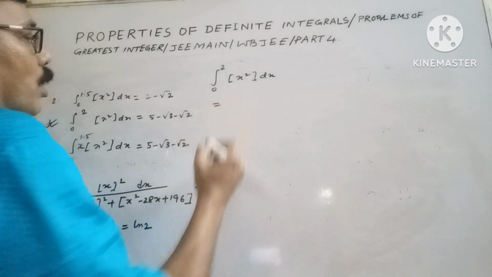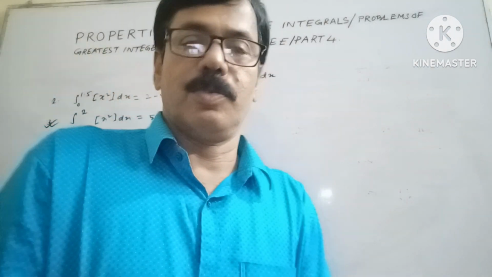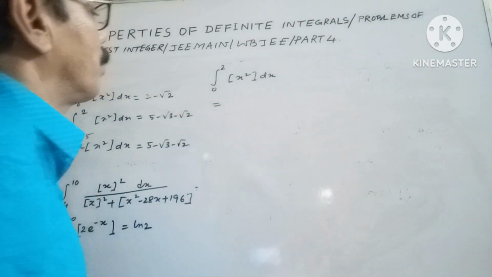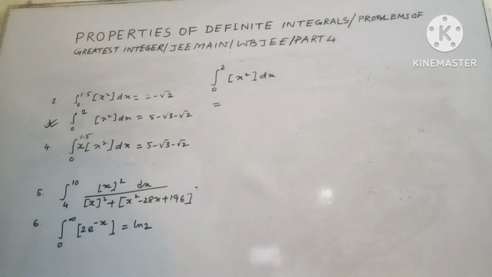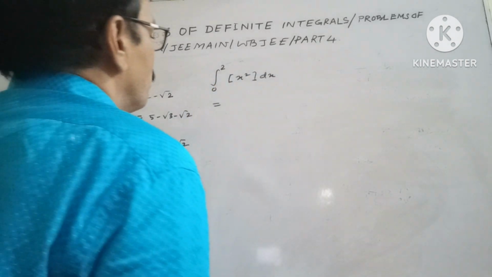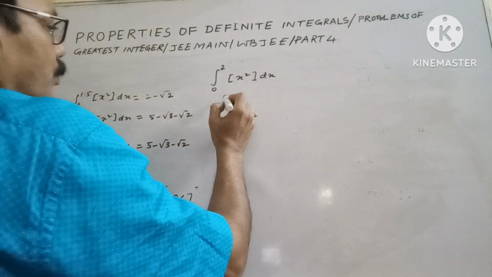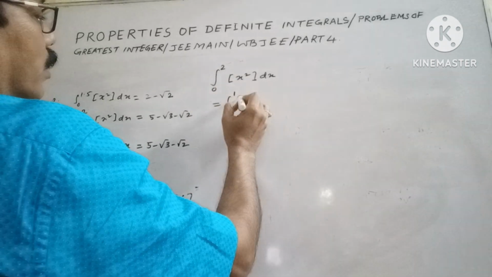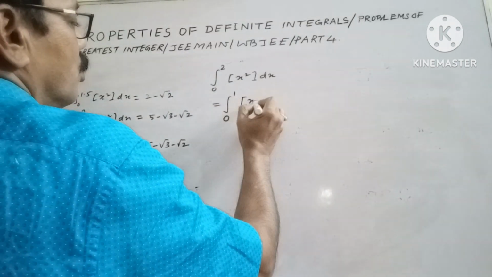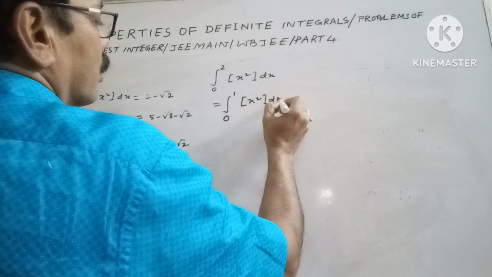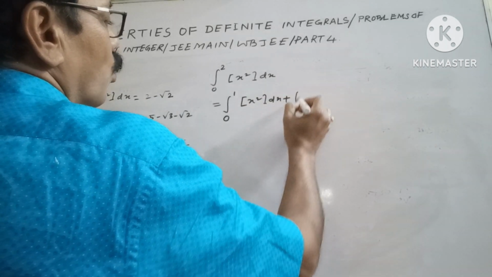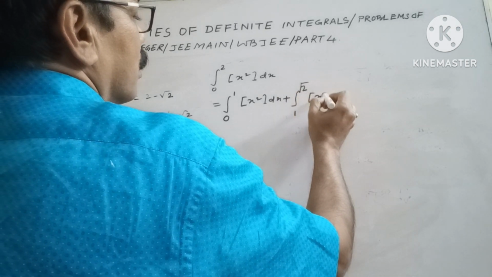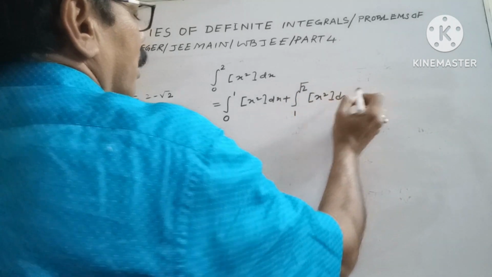So our main aim will be to expand it as a sum of several limits so that x square equals an integer. So 0 square is 0, 1 square is 1. So the first one is 0 to 1, third bracket x square dx. Then 1 to root 2, third bracket x square dx.